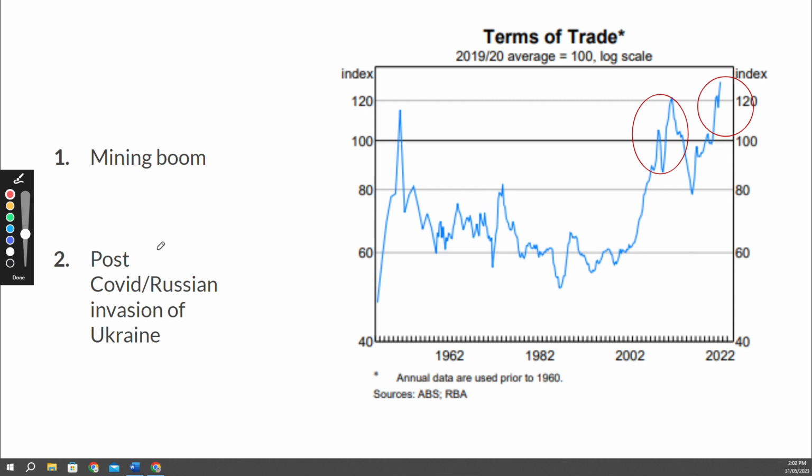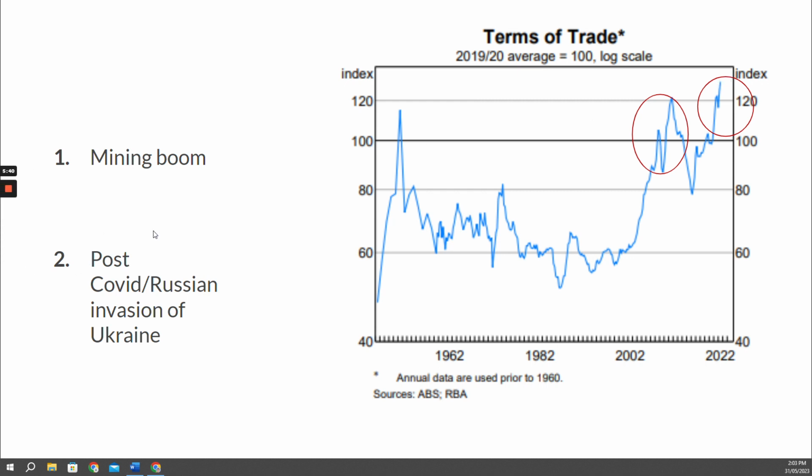The other one was post-COVID and the Russian invasion of Ukraine. I've talked a lot about this in class, but Australia seems to be the beneficiary of disasters around the world. The Russian invasion of Ukraine led to big spikes in commodity prices, particularly coal and gas, and you can see that here on the terms of trade when we received a much higher price for our exports.